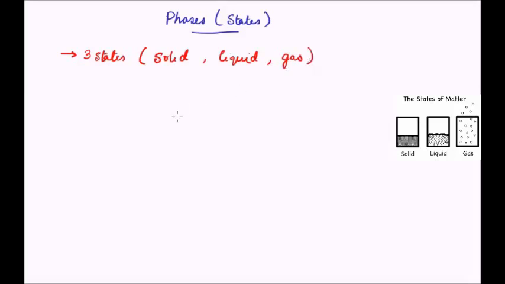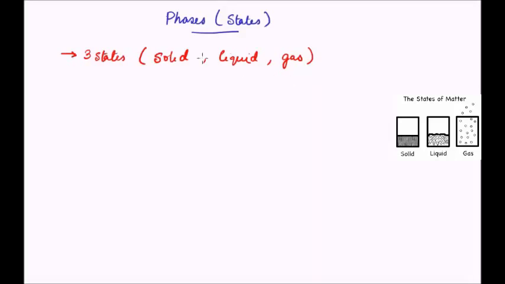So what determines which state will exist under a particular circumstance? That is determined by conditions of temperature and pressure. What is the temperature at that given moment, and under what pressure is the material? These two will combinedly decide what state the material will exist in.